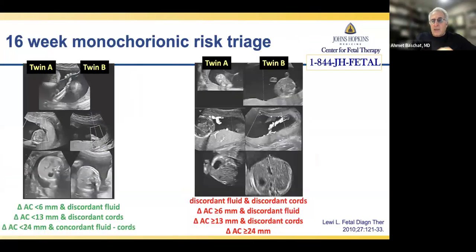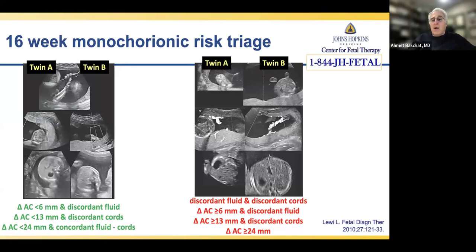The next most meaningful examination, unless there are some really overt abnormalities that you have to consider management for early on, is a 16-week scan, where you can look at the discordance in abdominal circumference, discordance in amniotic fluid, and look at where the cords are inserted.